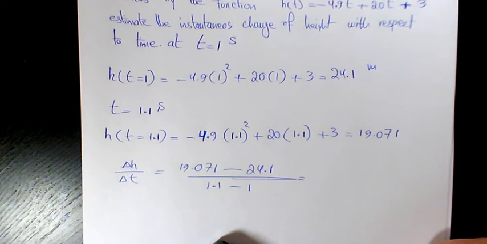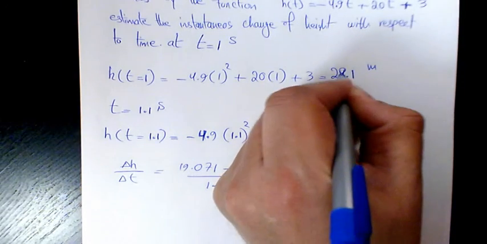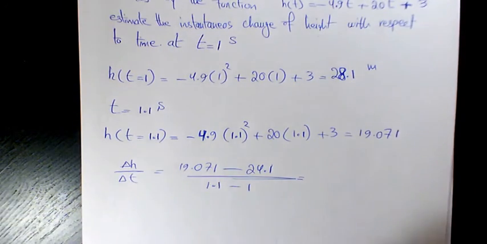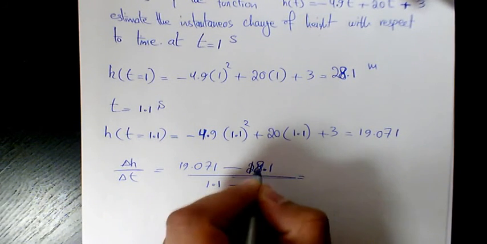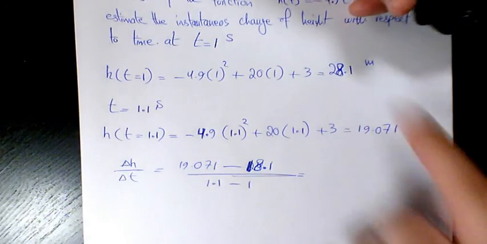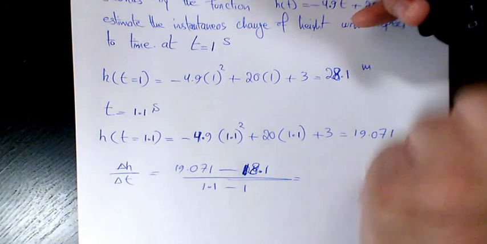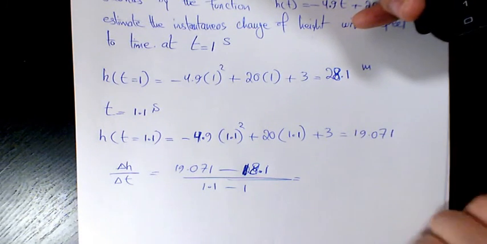It's just going to be 23. So here it was 18.1, not 24.1. So it's going to be 19.071 subtract 18.1. I just realized that I needed to double check that number, which was far from the other number.